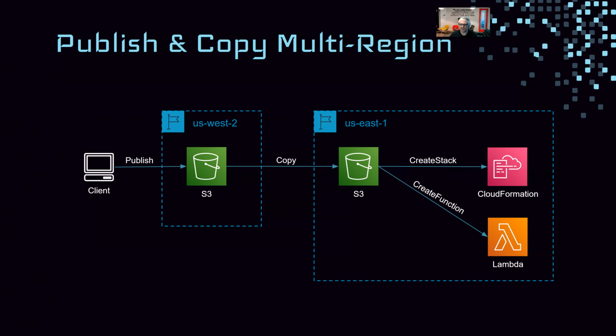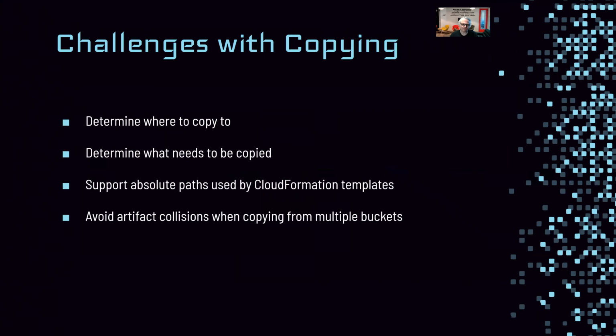Hopefully it was working fine in US West 2, and what we get in US East 1 is a perfect copy of this artifact. So when we deploy them, we expect the same behavior. Modulo, of course, if we made the mistake of hard coding the region anywhere in our definitions, which hopefully we avoided.